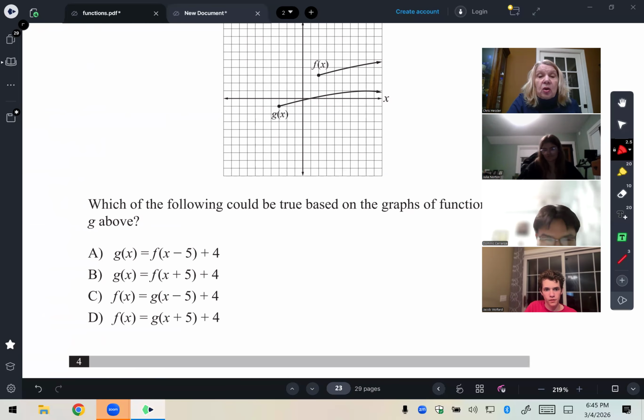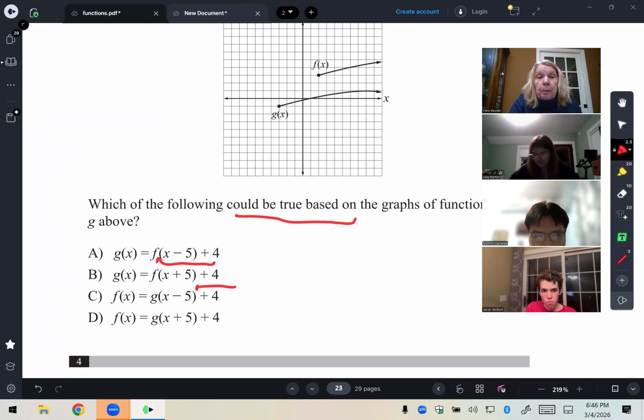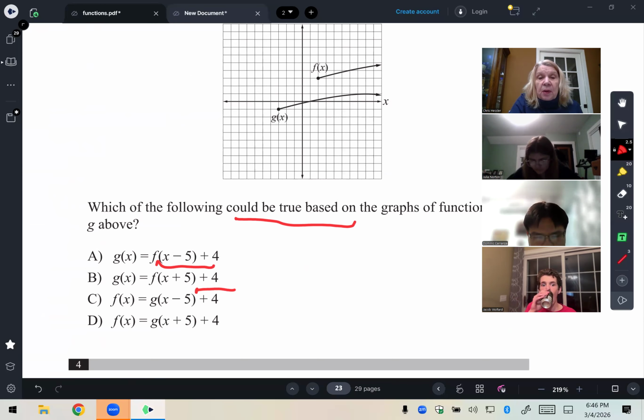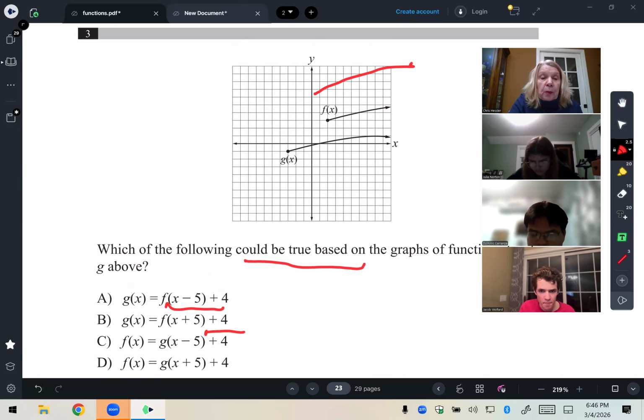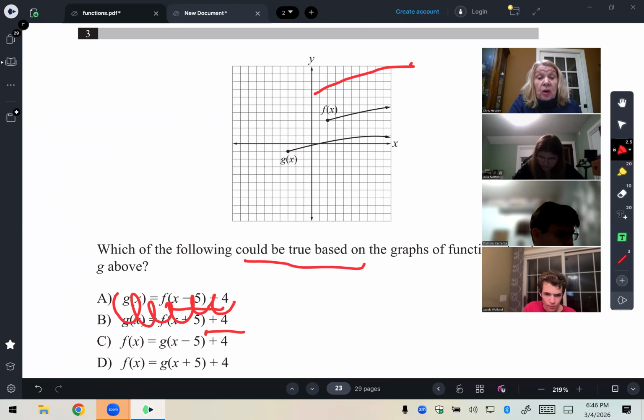Which of the following could be true? Well, if we take f of x and move it up 4, we're going to have something up here. So we know a and b are not right. But is f of x up 4? Yes. And then we have to see, did we move g of x? We moved it 1, 2, 3, 4, 5 to the right.